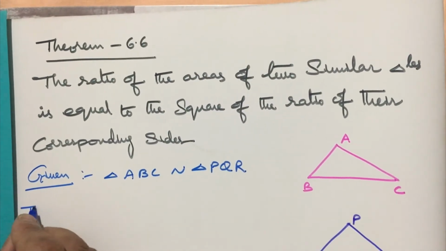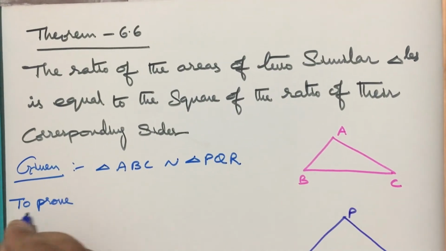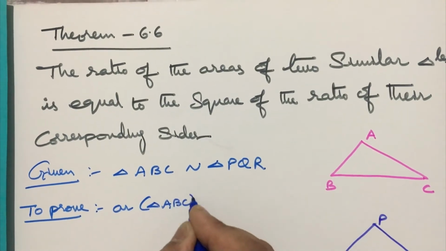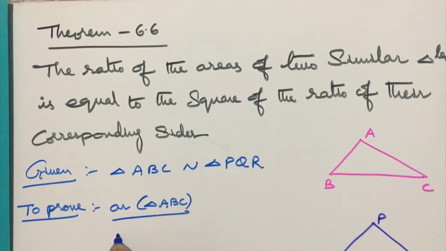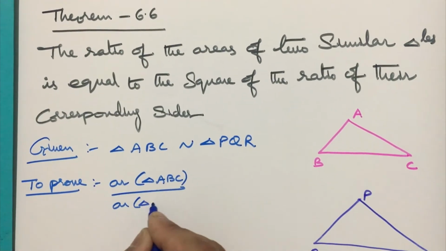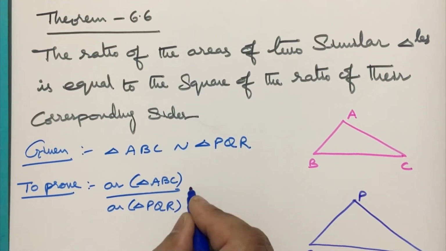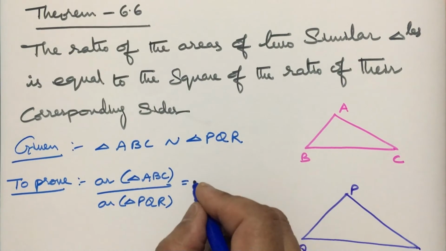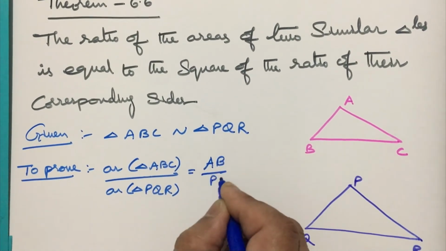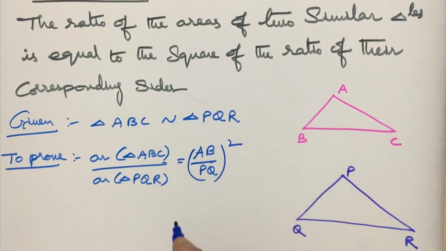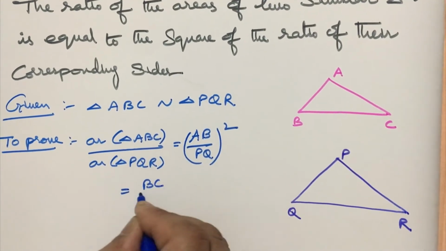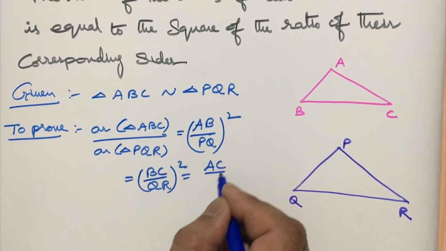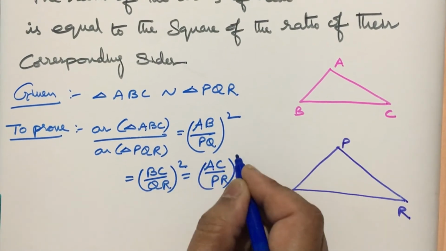So, what to prove? To prove that area of triangle ABC by area of triangle PQR is equal to the ratio of the squares of their corresponding sides, AB by PQ whole square, or else you can write it as BC by QR whole square, that also is equal to AC by PR whole square.